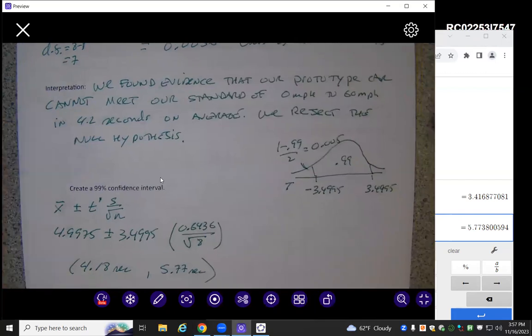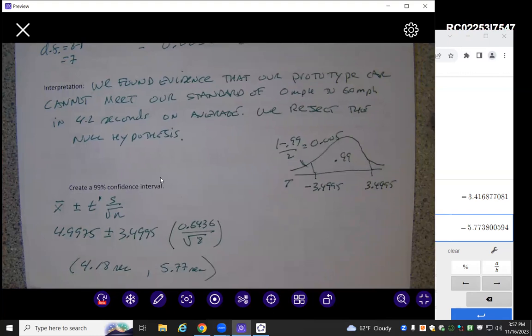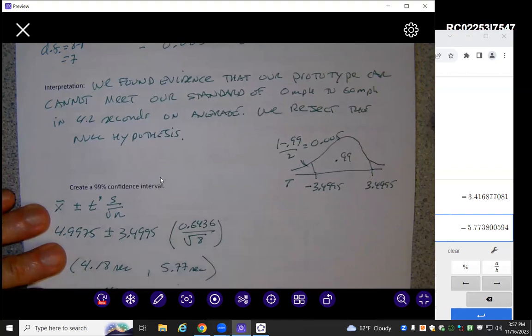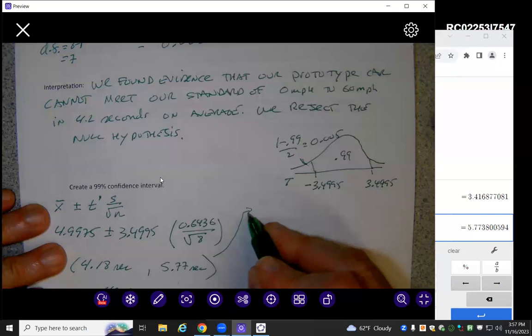And now I'm looking at this and I go, wait a minute. 4.18 to 5. Hey, wait, look, 4.2 seconds is in there. So here's how a confidence interval can be viewed.